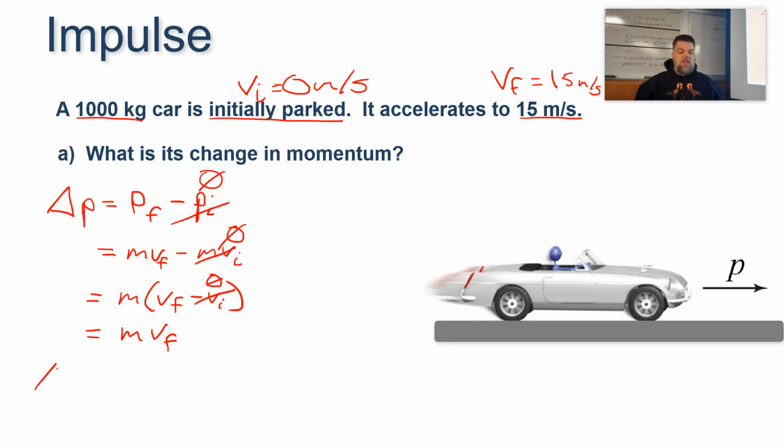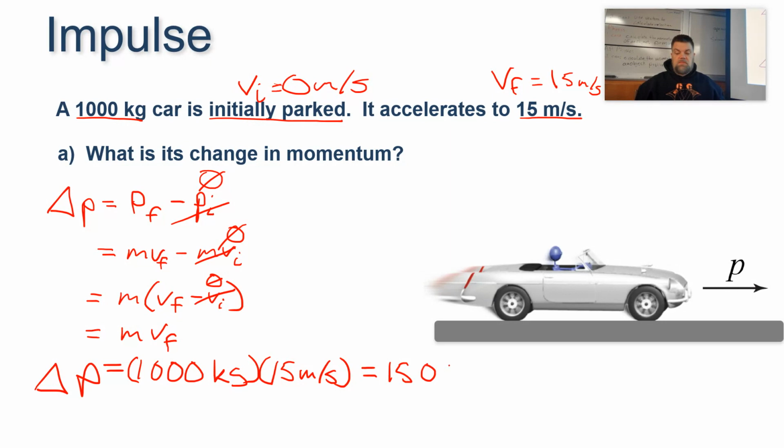So then my change in momentum is equal to 1,000 kilograms times 15 meters per second, or 15,000 kilogram meters per second.